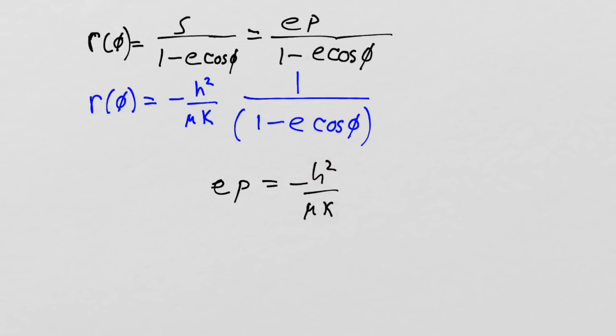This kappa is just related to the strength of the potential, which is a statement of the problem, and mu is the reduced mass of the system, which is also a statement of the problem. So this is known. We're trying to find the eccentricity, but this doesn't really help us too much because we also need to know this other parameter, this focal parameter. So we can't really solve for the eccentricity here.